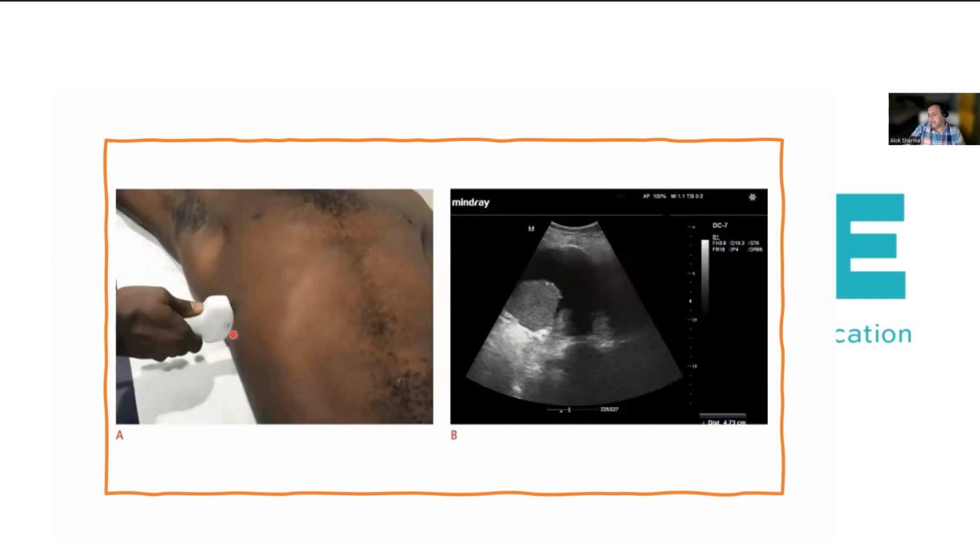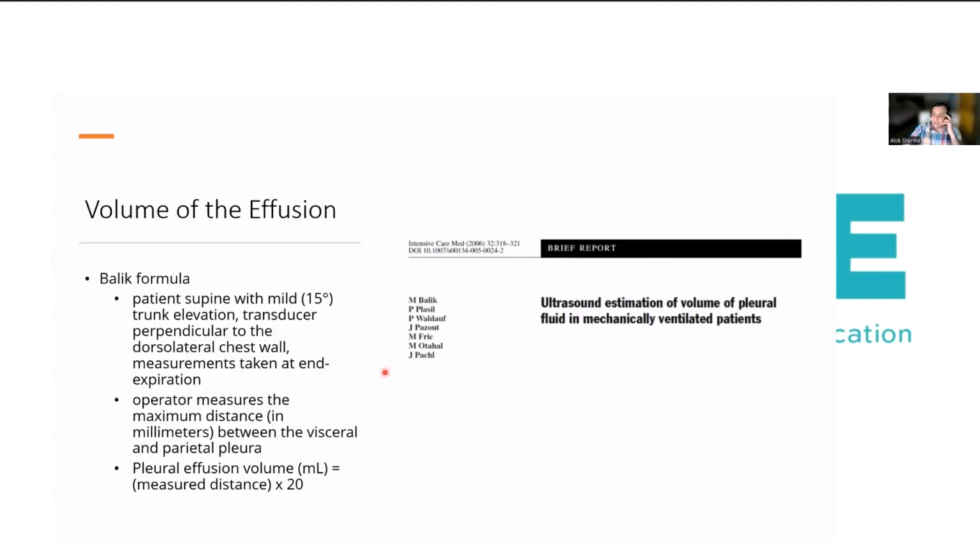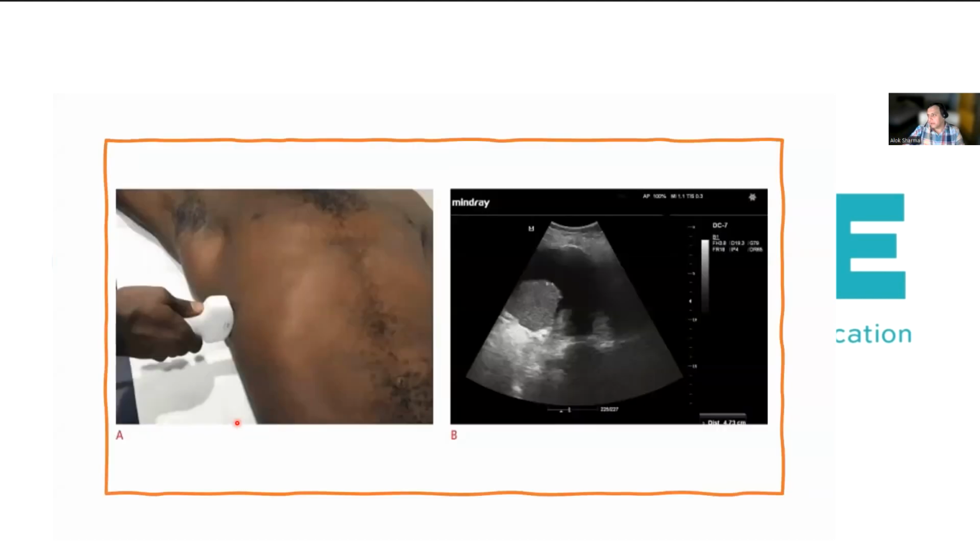As you know, the posterior lateral aspects, usually at the bottom, will be the area of maximum collection. Once you see that area of maximum collection, what you're doing is measuring the distance from the atelectatic visceral pleura to the margin there. If you measure that margin in millimeters and multiply that by 20, that gives you the volume of the pleural effusion in mils.